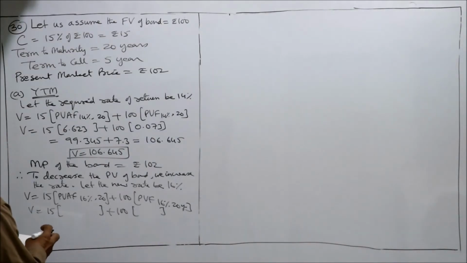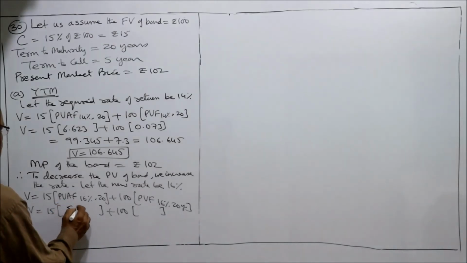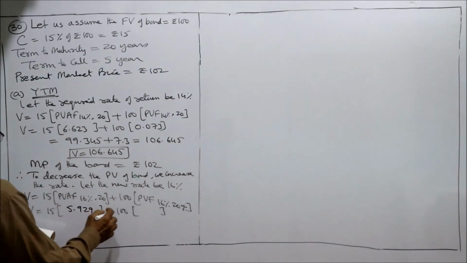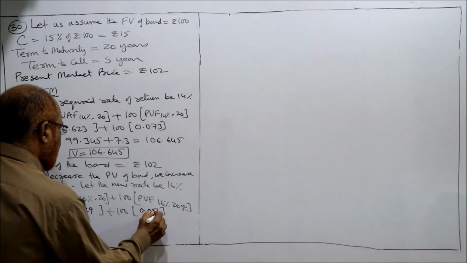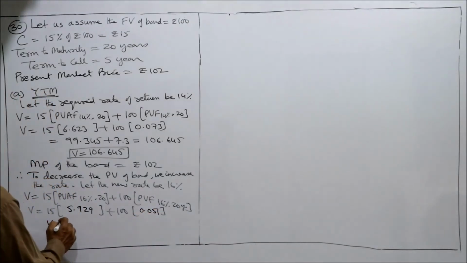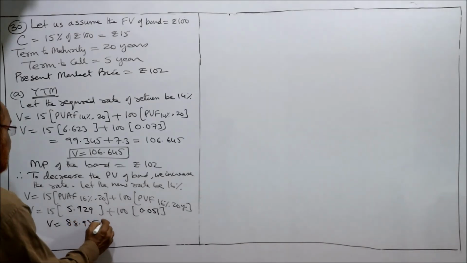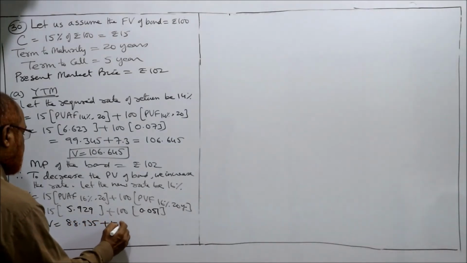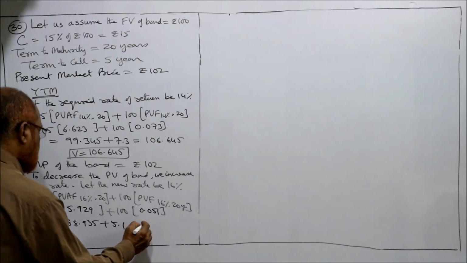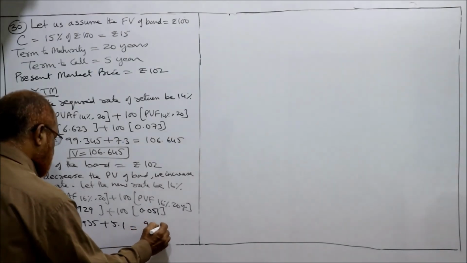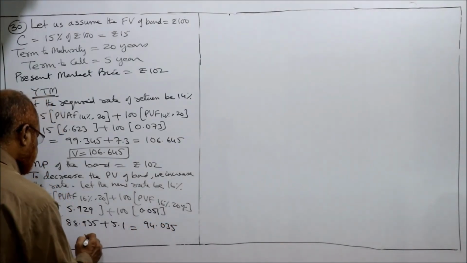So 16% 20 years: 5.929, here 0.051. So V is equal to 88.935 plus 5.1. It comes to 94.035.